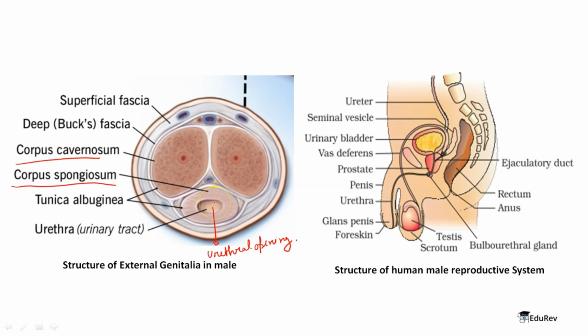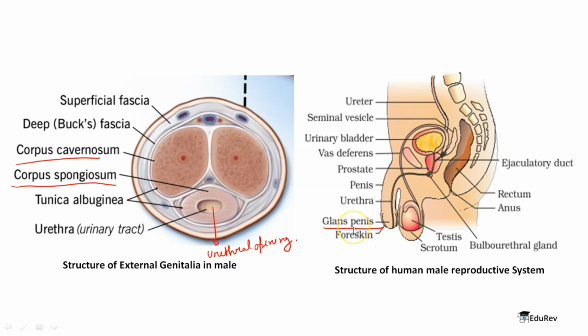Now, the tip of the corpus spongiosum, or the tip of the penis, forms a bulbous structure known as the glans penis. So you can see here that this is the glans penis. The tip of the penis is known as the glans penis, which is formed by corpus spongiosum only.